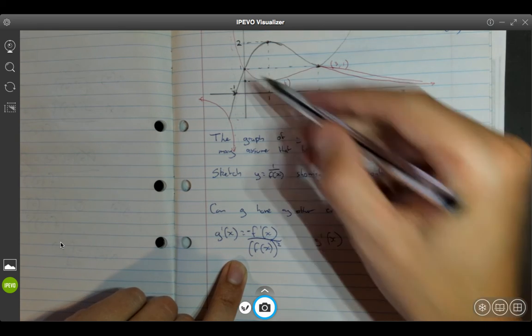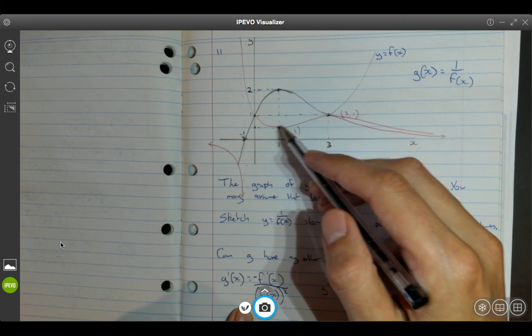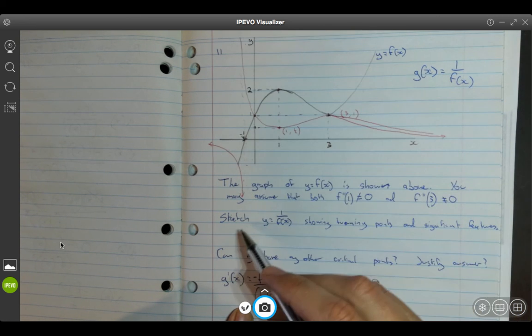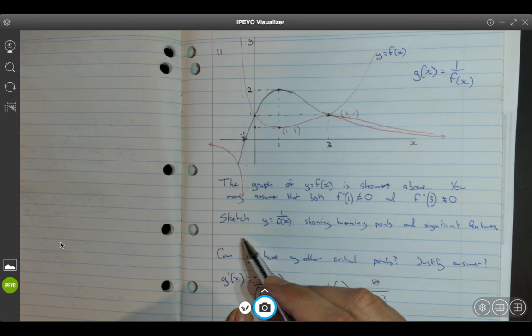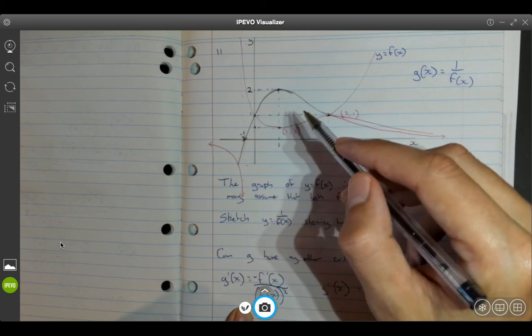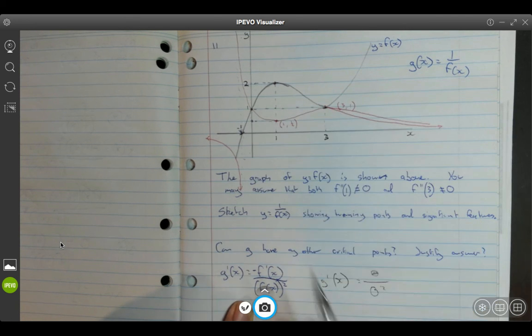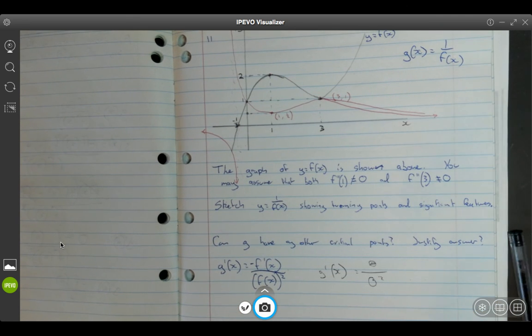And what happens at this point is the graph of g of x will shoot up, and then we'll shoot back from negative infinity after minus 1 over 3. So that's your third critical point there. I think that's it. Thank you.